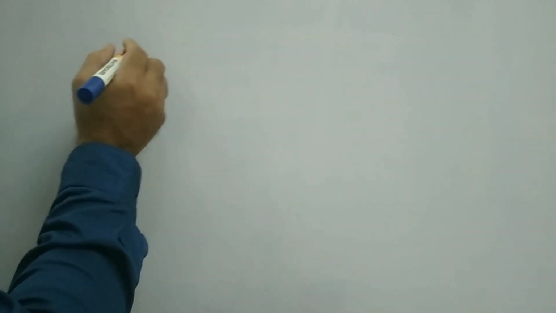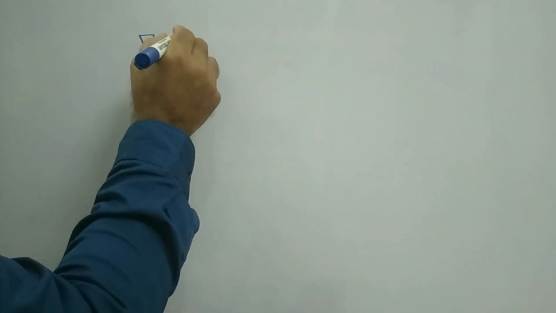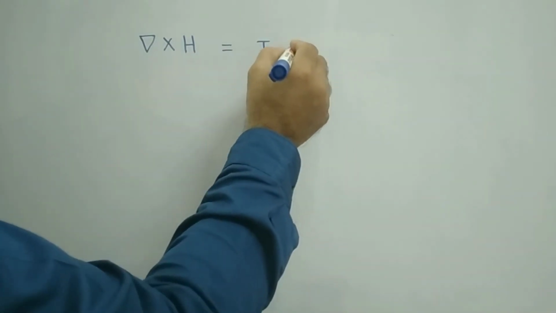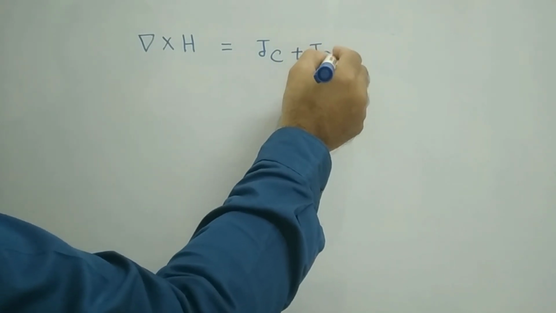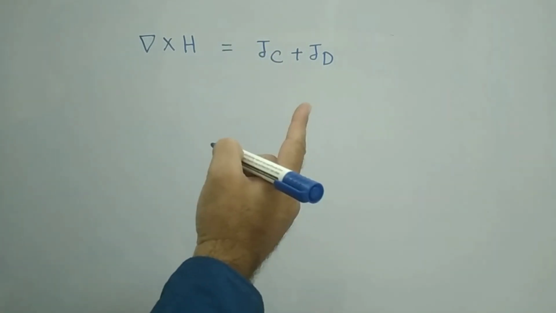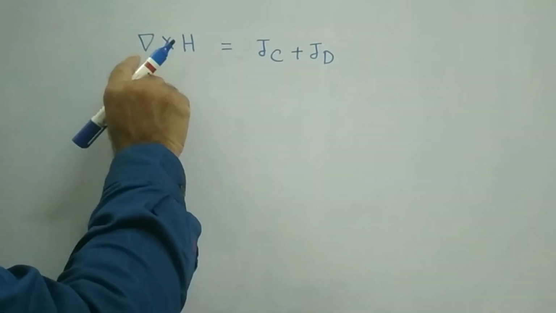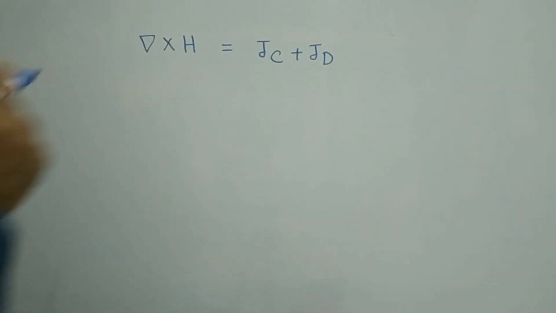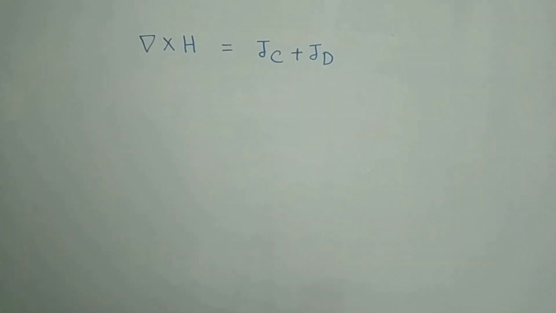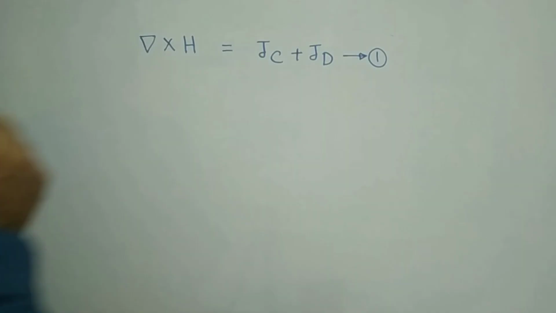Because we need to prove the expression for del square H, we take the Ampere's law equation, which is one of Maxwell's equations. From Ampere's law, del cross H is equal to JC plus JD.